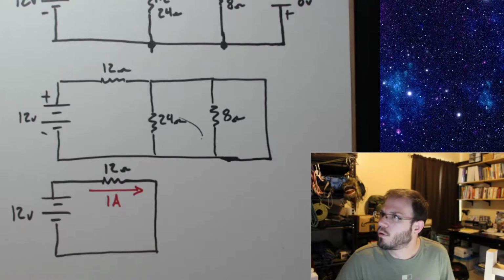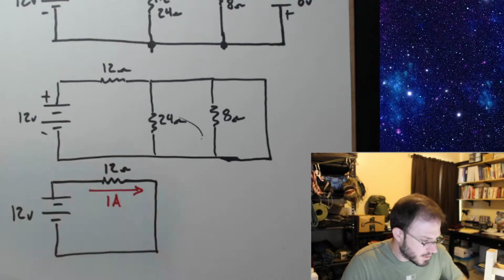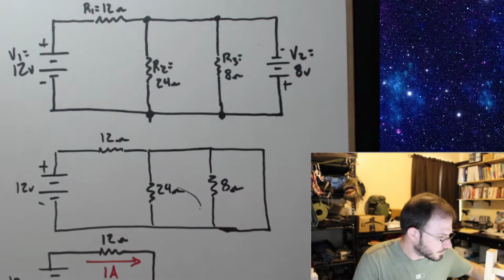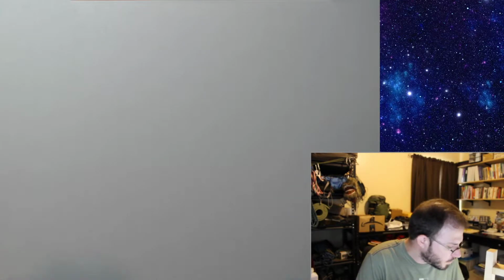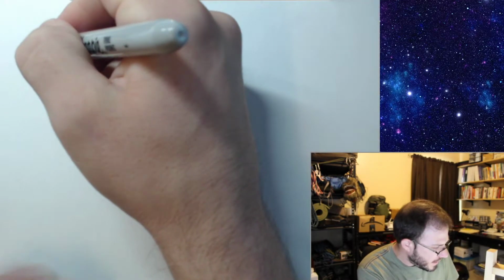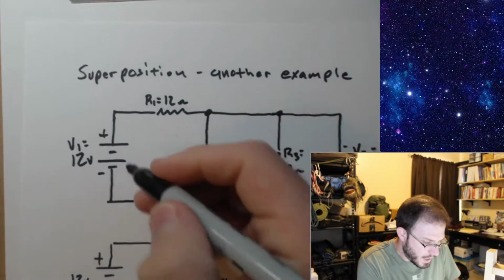Okay, so let's go ahead and disable V1 and solve this circuit again. Okay, so I'm going to redraw everything except we are going to have a short in place of V1.